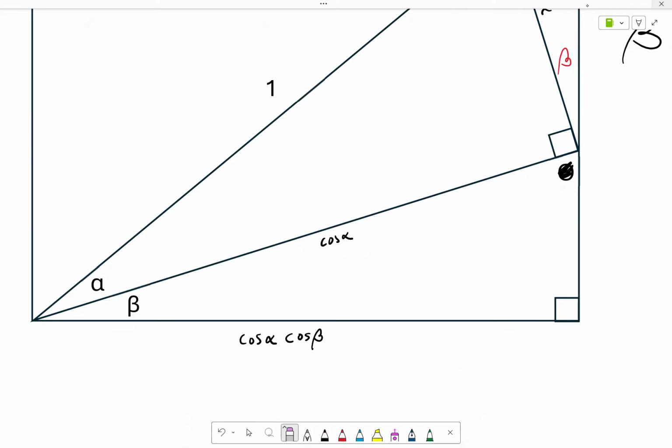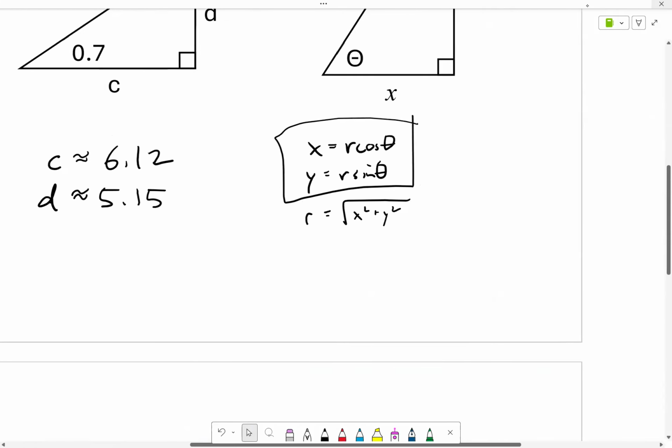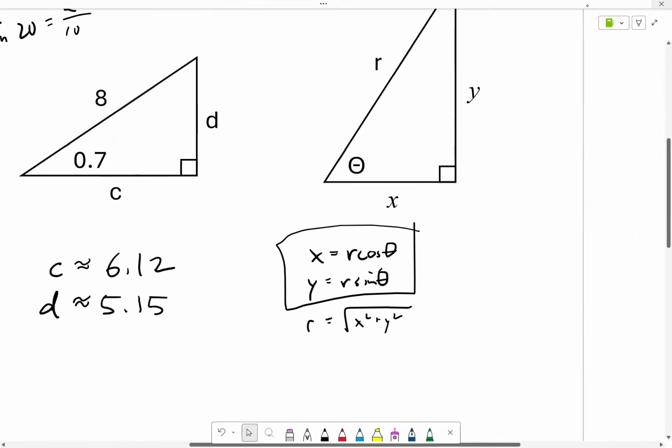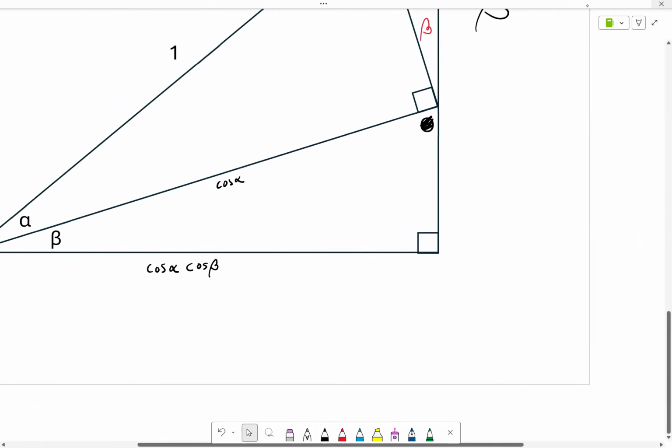For this, I just took the hypotenuse times cosine of this angle. I'm doing exactly this: to get the adjacent side, r times cosine; to get the opposite side, r times sine. That's what I'm doing. It's just strange because the hypotenuse is cosine alpha. So the adjacent side is cosine alpha times cosine beta.